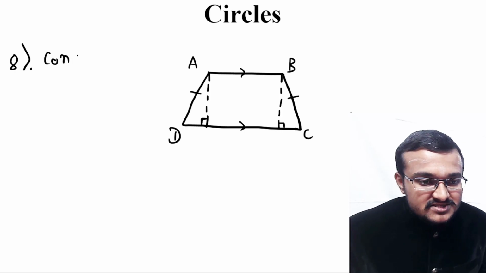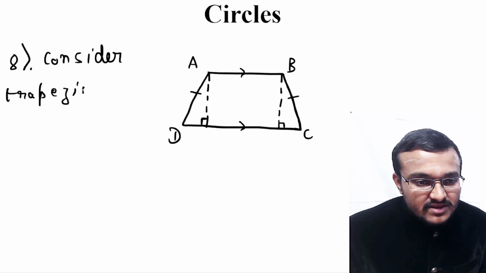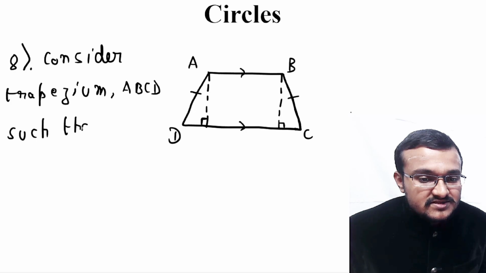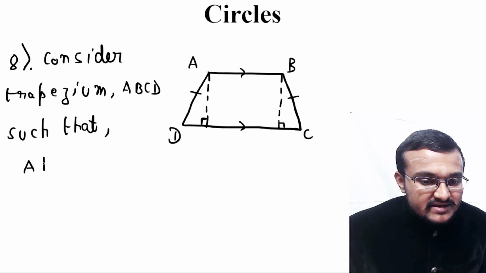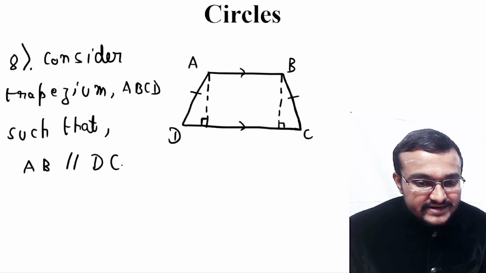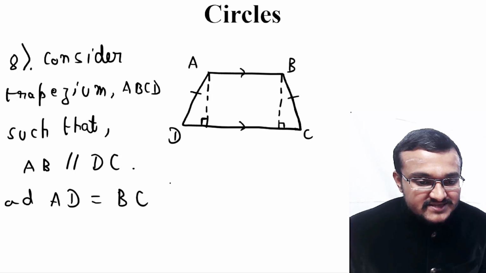So consider trapezium ABCD such that AB is parallel to DC and AD is equal to BC.